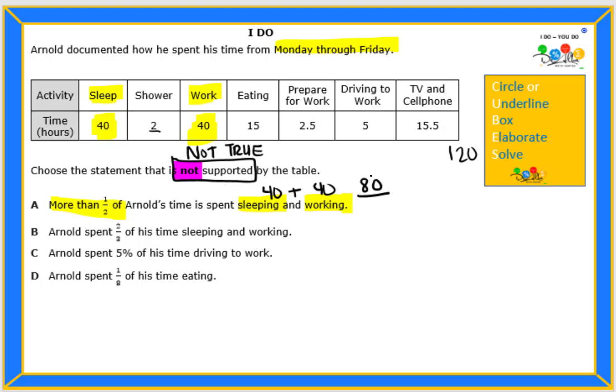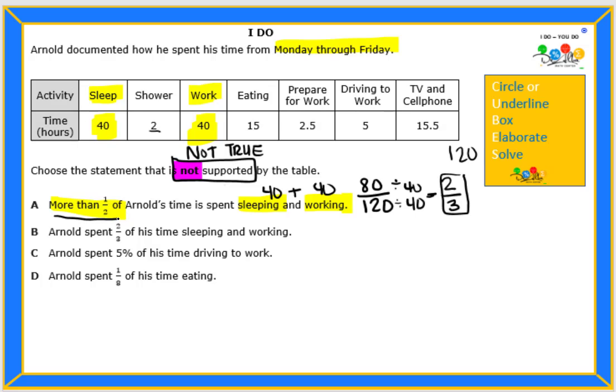And remember, when we're making a fraction, it's part over total. The total we figured out was 120. And so we can divide both of these by 40. 80 divided by 40 is 2. 120 divided by 40 is 3. So that would be 2/3.